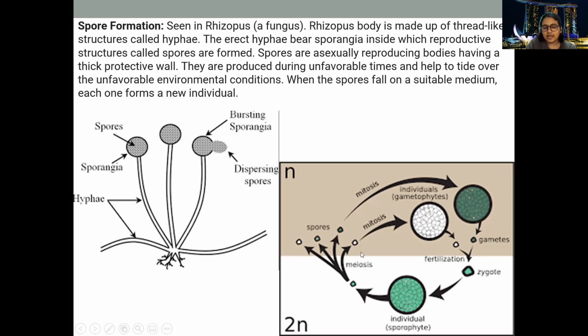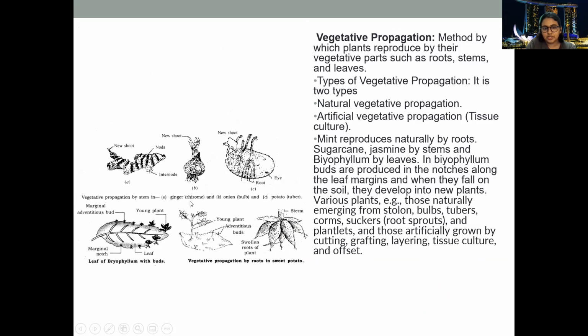During unfavorable conditions, they can reproduce by the process of spore formation, and when the condition is favorable, they can reproduce by fertilization, where gametogenesis occurs and gametes are fertilized. Fine. This is the process of spore formation.